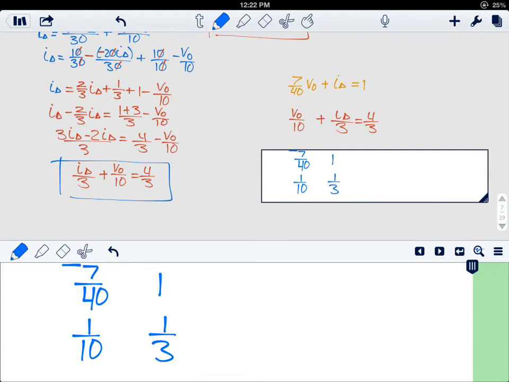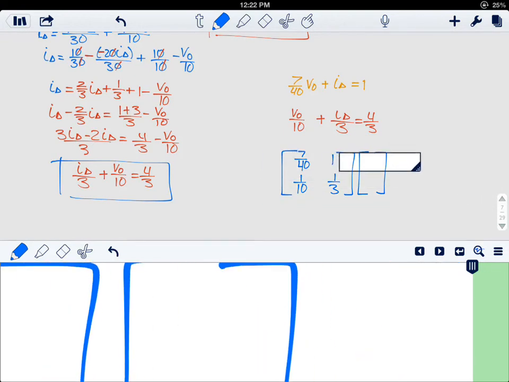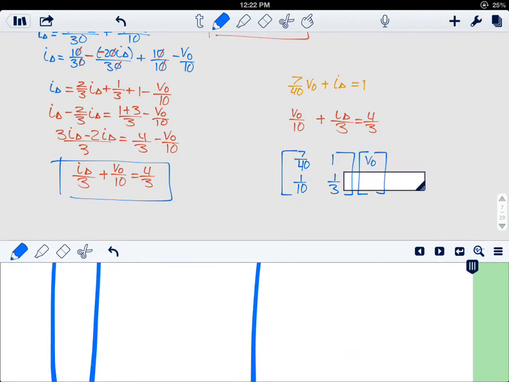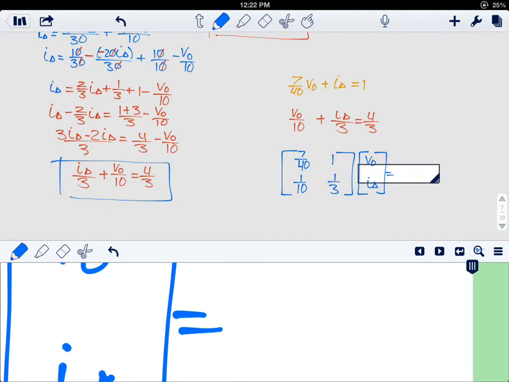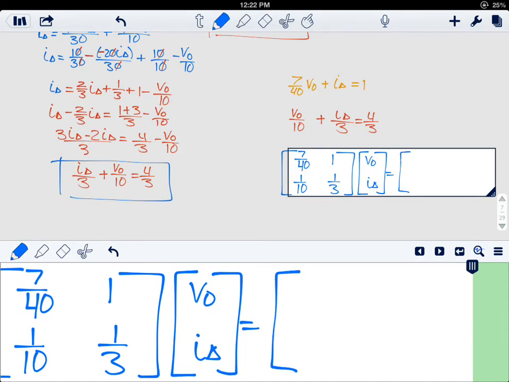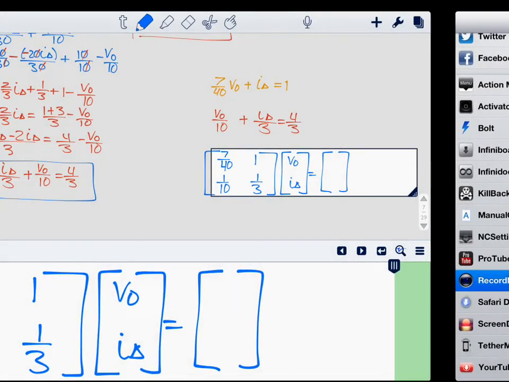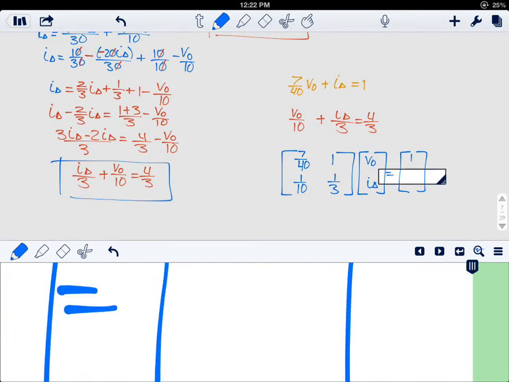This is a matrix. We have VO, we have I delta, which is going to equal 1.